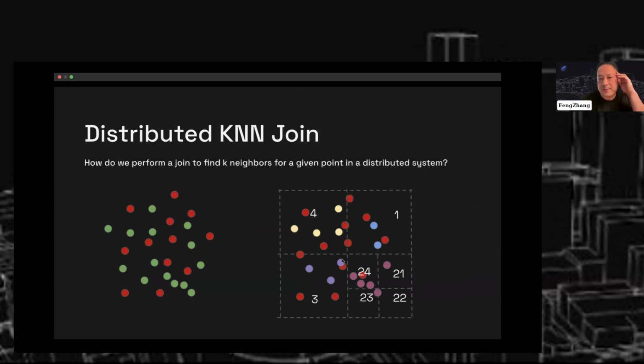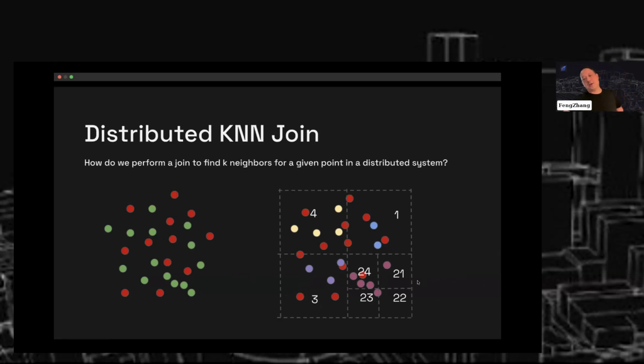But the problem is when you have a lot more query points or query geometries on the left side, there's no way you can broadcast them to each of the partitions, because you will overload your executors by doing this. So we have to send those red geometries into selected partitions instead of all the partitions, right?